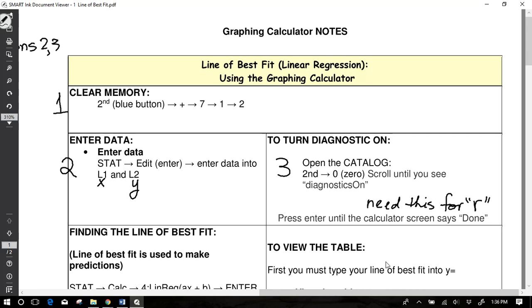So we do second 0, and then you can scroll down until you find the phrase diagnostics on. Be careful because right next to it, there's also a button called diagnostics off. All right. And then you just continue to press enter until you see the word done in your calculator.